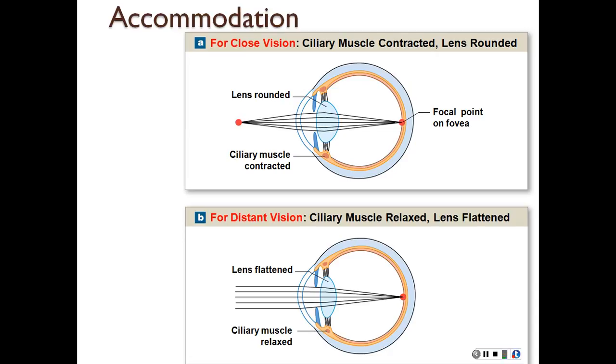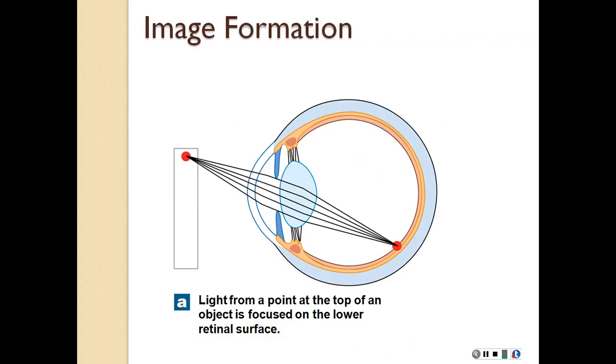For distant vision, when you're looking at me, since I'm far away from you, your ciliary muscles relax, and that causes the lens to flatten out. And all of that is to make sure that the image you are looking at falls on your fovea. If the lens wasn't working, the image would not fall properly on your fovea centralis, and the image would be distorted.